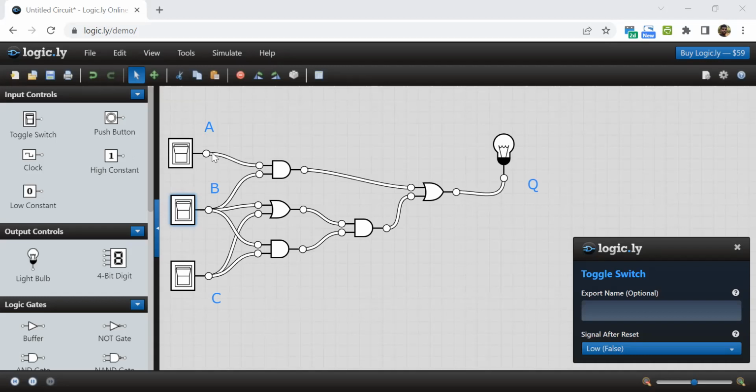In this circuit, we have 3 inputs, A, B, C, and you can see there are 3 AND gates and 2 OR gates. Altogether, we have 5 gates and a bulb Q. First task, I want you to come up with a Boolean algebra expression for this circuit.